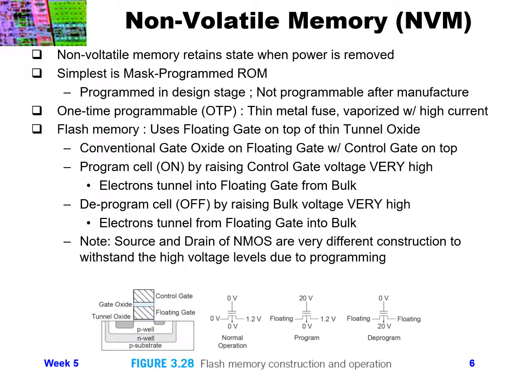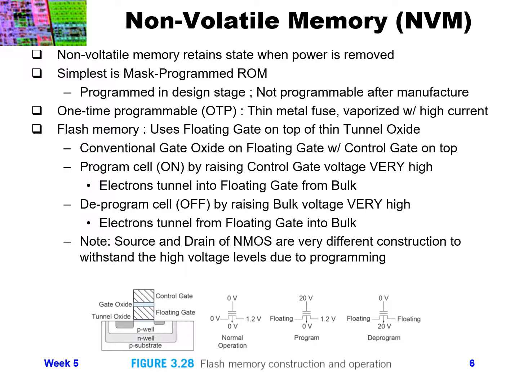And then you can deprogram the gate by raising the bulk voltage really high, and the control gate stays low, and then the bulk will pull the electrons out of the floating gate, and then the device will always be turned off once the control gate and the bulk go back to normal.